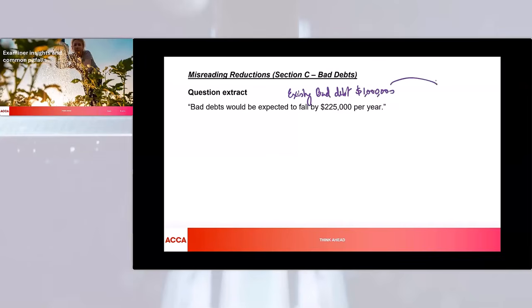Tell me how much the proposed bad debt is supposed to be. With this sentence, I need you to tell me what the proposed bad debt is. If the existing bad debt is 1 million, with this sentence, which is the extract from the question, come on, tell me what the proposed bad debt is.